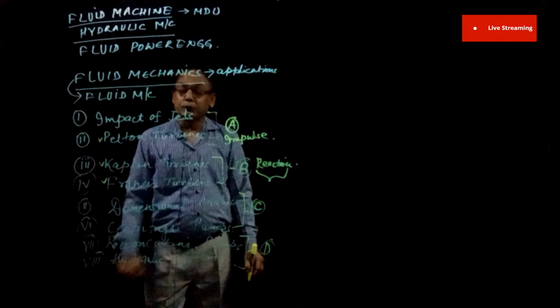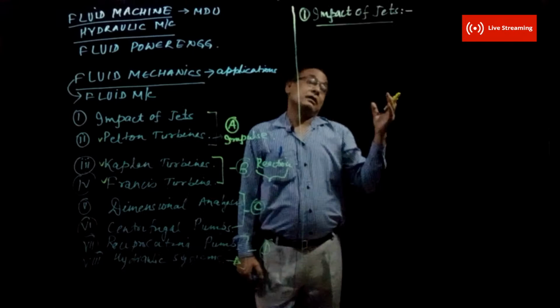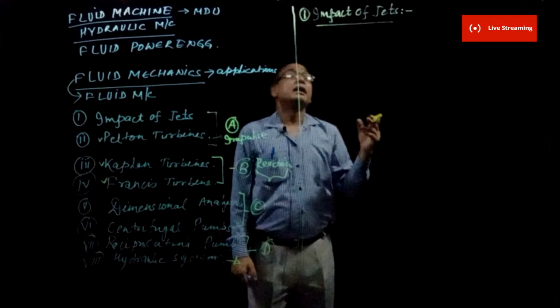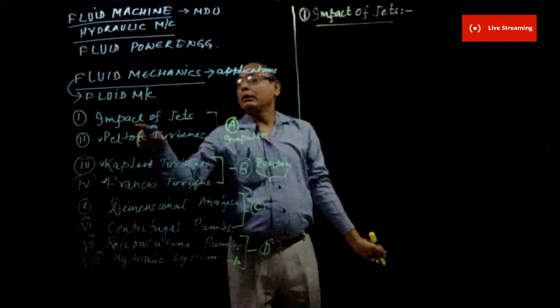Generally in fluid mechanics, the fluid is water, and in fluid machines also the hydraulic fluid is water only. So in impact of jet we are going to find out the force, how much is created on the plate. That plate may be stationary, may be moving, or may be curved also. So there are so many cases we are going to study in this chapter. So impact of jet, that is unit 1.